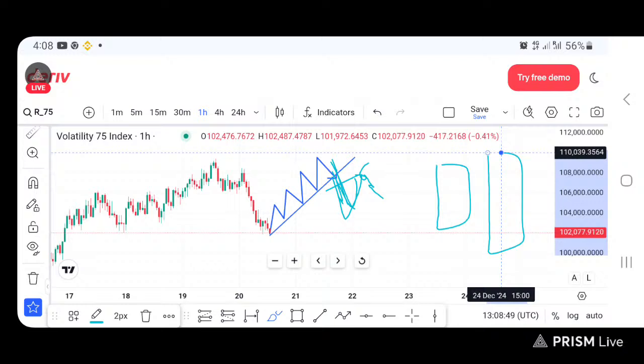If you are going to trade the break and retest method, you have to wait for a bearish engulfing on 30 minutes or 15 minutes. Or maybe a morning star, sorry, an evening star, because we are looking for the sale.